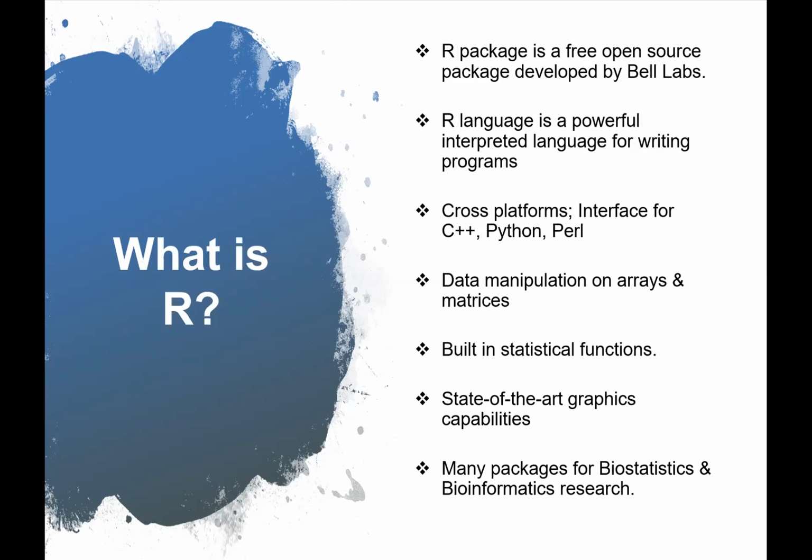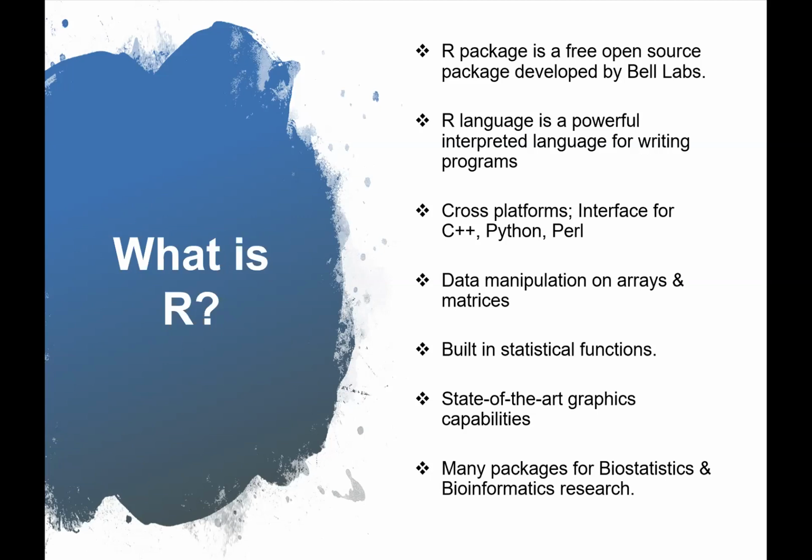That means you can develop on Windows, but you can also use it on Linux and Mac. It also has interfaces for other languages like C++, Python and Perl. That means you can combine R with these languages and build pipelines. I think very important is that with R we can manipulate arrays and matrices.